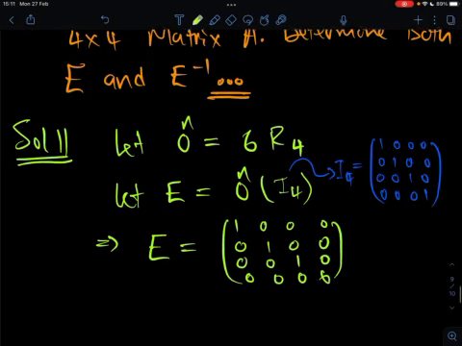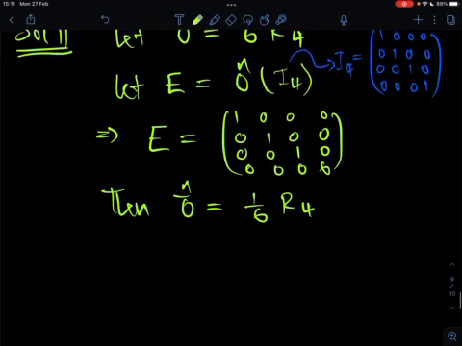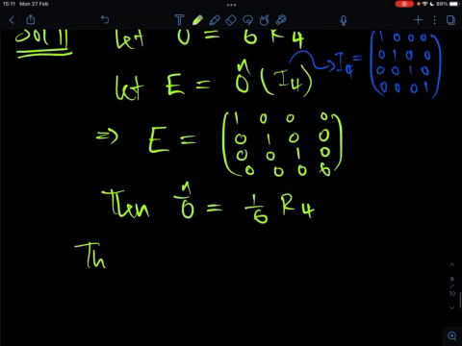Now how can you find E inverse? To find E inverse, we know that O bar is given by 1 over 6 times R4.